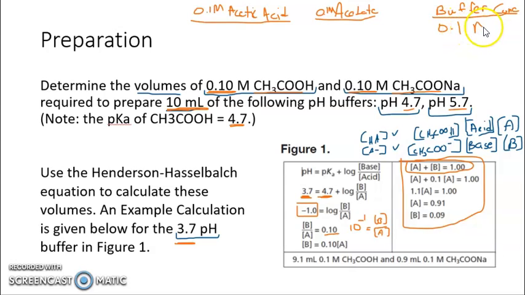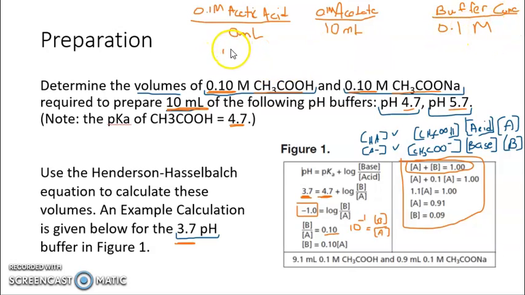If I have 0 mils of 0.1 molar acetic acid and 10 mils of 0.1 molar acetate, it's not a buffer because I'm outside of the working range, but excuse that for a moment. My concentration is 0.1 molar in acetate.